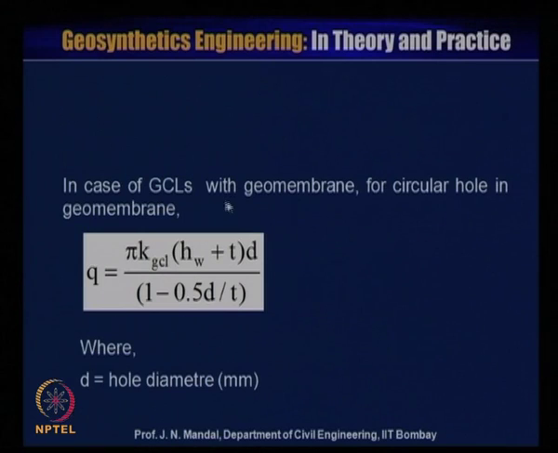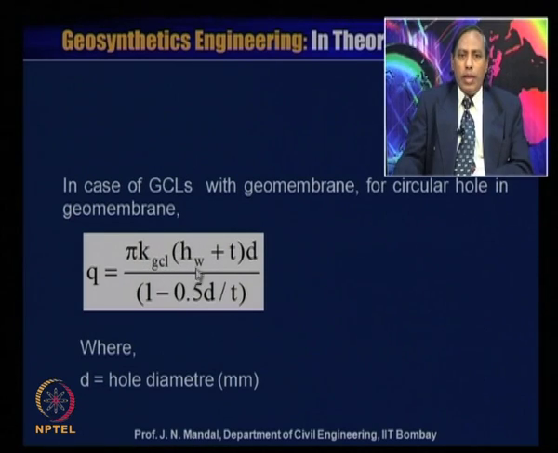And in case of GCL with geomembrane, for a circular hole in the geomembrane, Q will be equal to pi into K of GCL, then HW plus T into D divided by 1 minus 0.5 D by T, where D is the hole diameter.